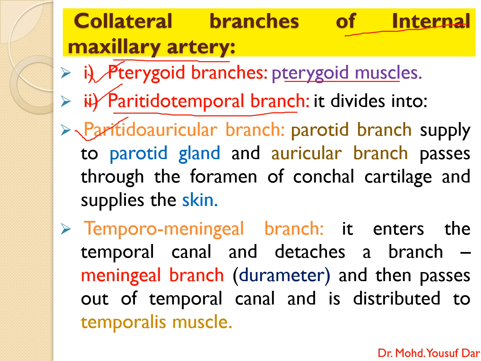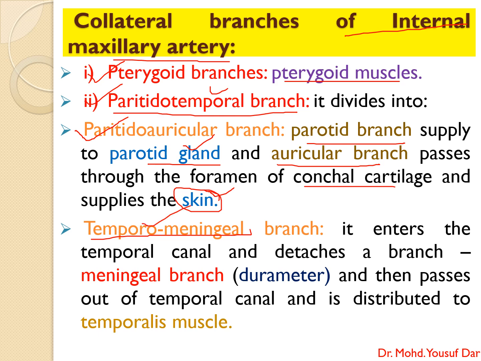Parotidoauricular further divides into the parotid branch, which supplies the parotid gland, and the auricular branch, which passes through the foramen of the conchal cartilage and supplies the skin. So the parotidoauricular branch generally supplies the parotid gland and the skin of the external ear, through the auricular branch.